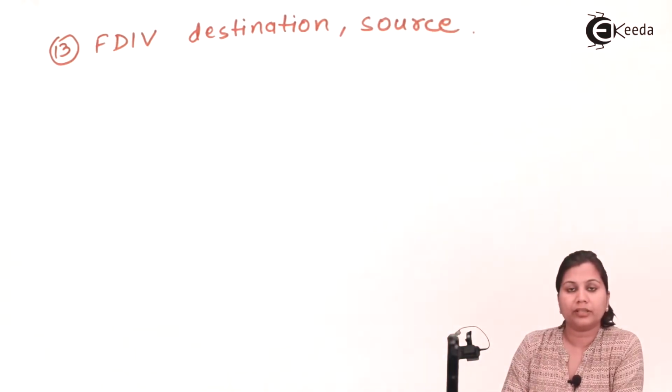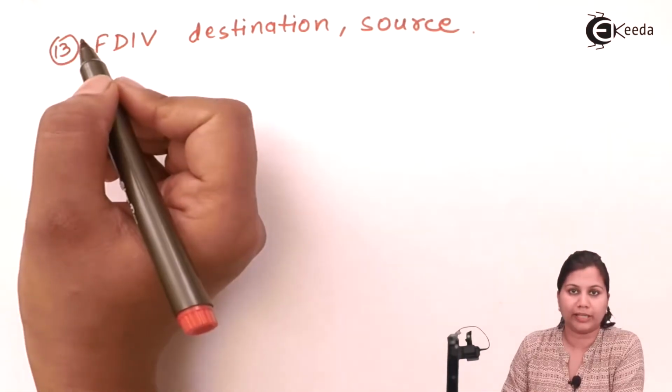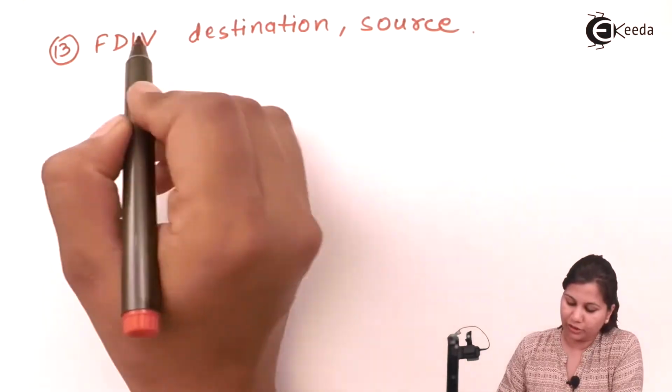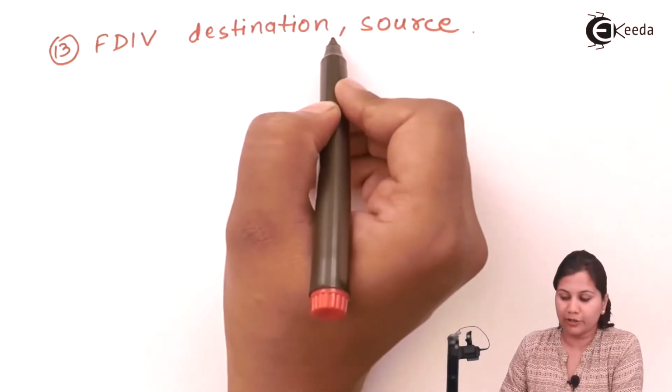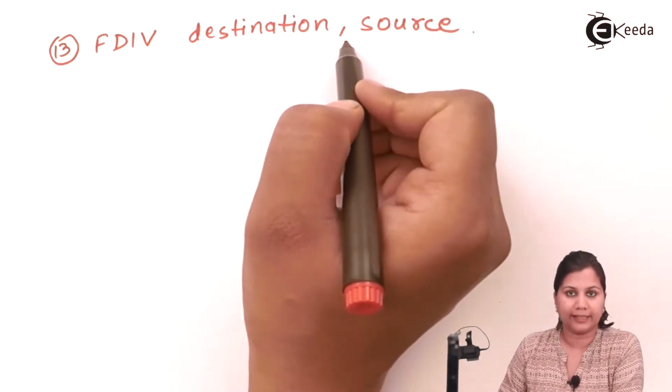For division, the mnemonic is FDIV. F is again for the 8087 instructions. So this instruction is going to divide the destination by the source, and the result is stored at the destination.